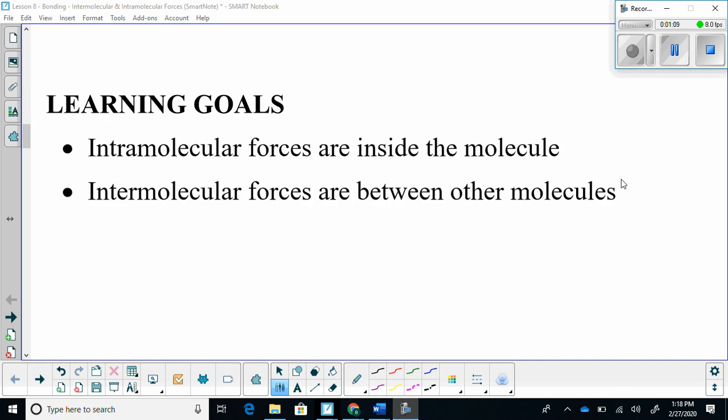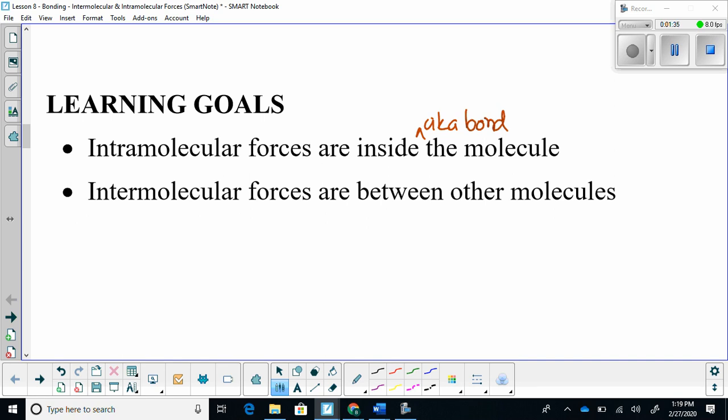The learning goals for today. We are going to be able to tell the difference between intramolecular forces and intermolecular forces. Intramolecular forces are inside the molecule, aka the bonds. So we've been looking at this. The bond character, is it ionic, polar covalent, nonpolar covalent?